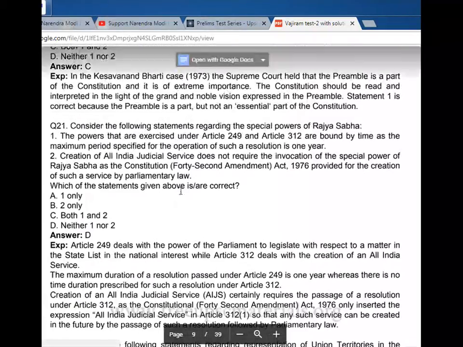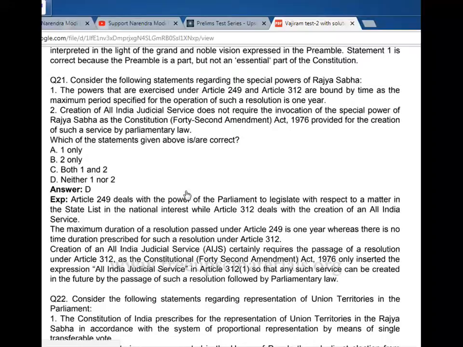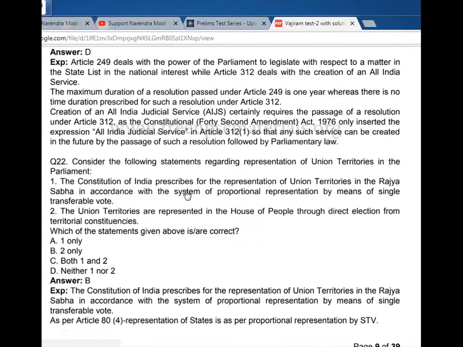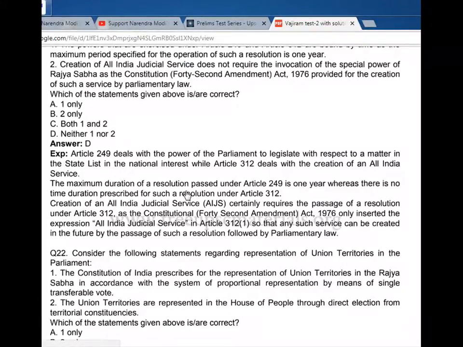Here the first question is about the statements regarding the special powers of the Rajya Sabha. Article 249 deals with the power of parliament to legislate with respect to a matter in the state list in the national interest, while Article 312 deals with the creation of All India Services.